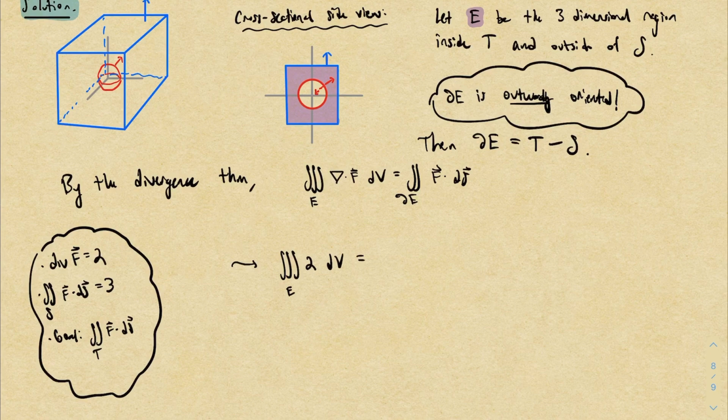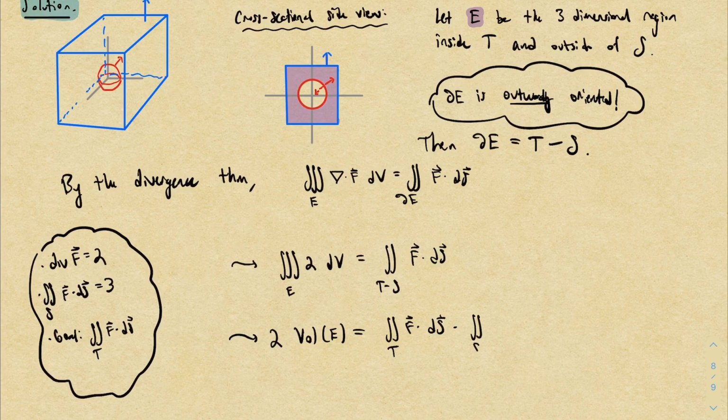And above, we figured out that the boundary of E is T minus S. On the left-hand side, if I factor out the 2, I'm left with the triple integral of 1 over E. That just gives the volume of E. So the left-hand side is going to be 2 times the volume of E. And on the right-hand side, I can split up the surface integral into two different ones, an integral over T minus an integral over S. The point is that we already know the integral over S, and we're trying to figure out the integral over T.